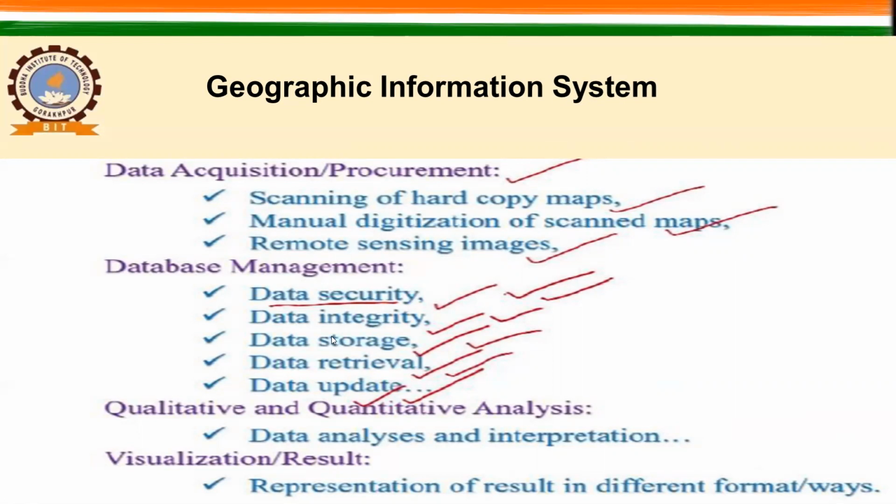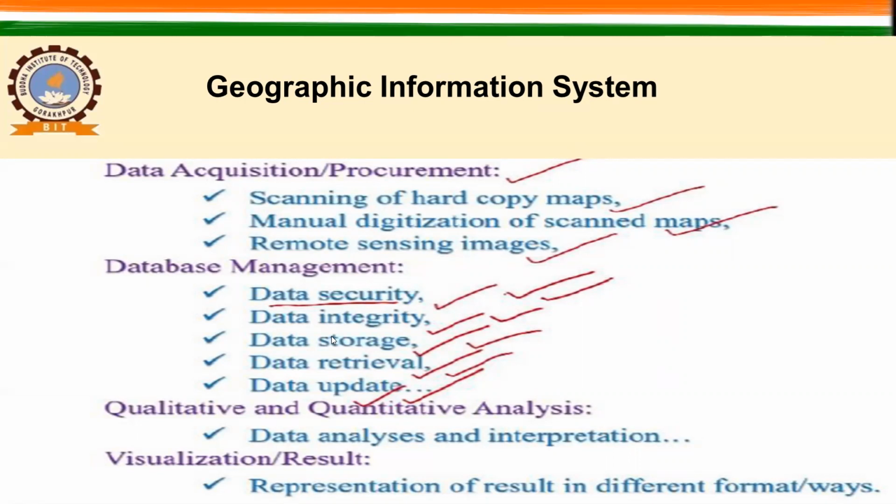First one is computer hardware, second is software, third is geographic data or the spatial data, and the last one, but the most important part, is the person who captures, stores, updates, manipulates, analyzes and displays these data sets as information. It is very important to note that all these capture, store and update tasks basically require a group of people, not only one person.